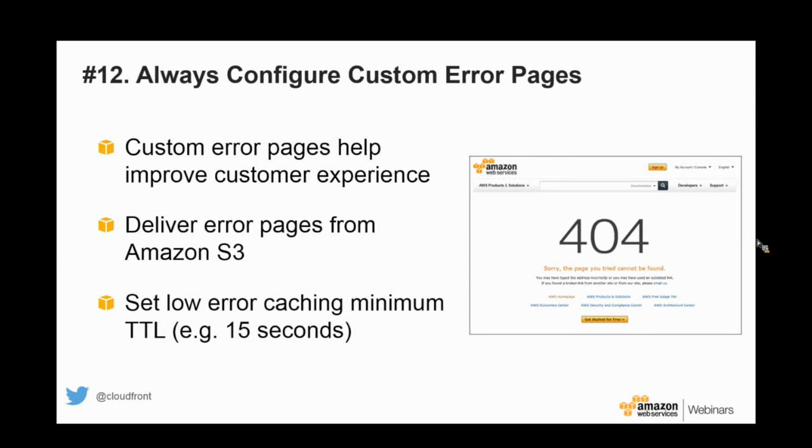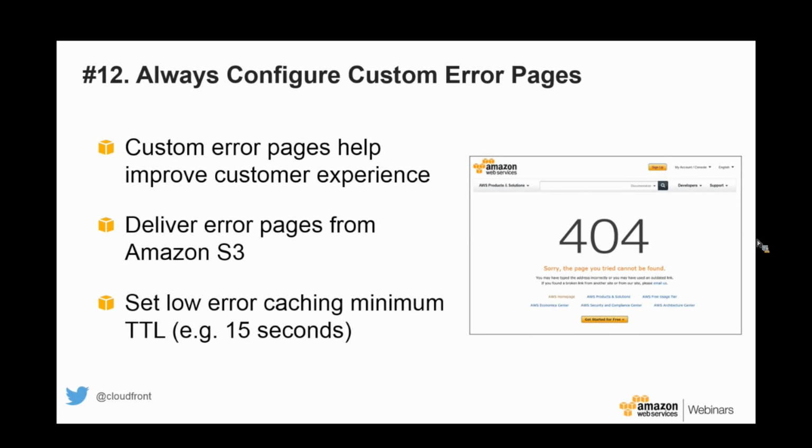When it comes to availability, one of the other things you can do is configure custom error pages with CloudFront. The most important thing here is this helps improve your customer experience, so that instead of seeing some generic error message, your customers see a branded page that says the page they tried to look for cannot be found.